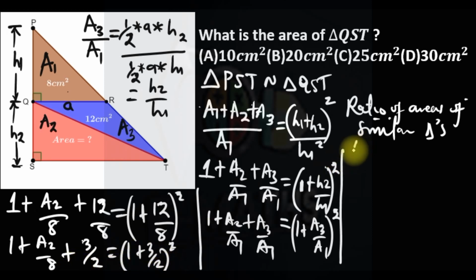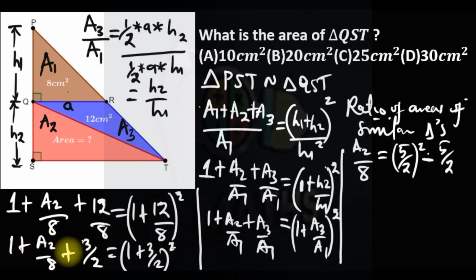So we make this A2 over 8 equal to the square of that, which is 5 over 2 all squared minus 5 over 2. You get 1 plus 3 over 2 is 5 over 2.